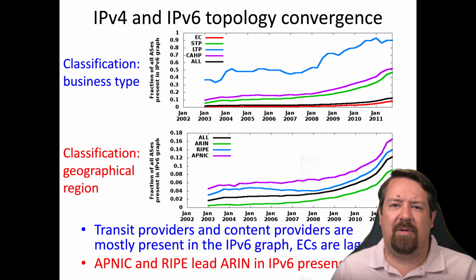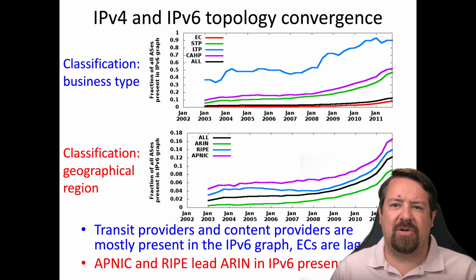We can also break this down by the fraction of the ASs that are present in IPv6. So in the top graph, we can see this broken down by business type, where the large transit providers are approaching 1 or 100% adoption of IPv6. And the content and hosting providers have just made it up to 50%, with the small transit providers slightly behind them.